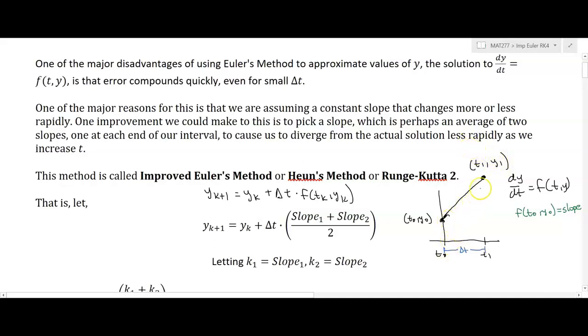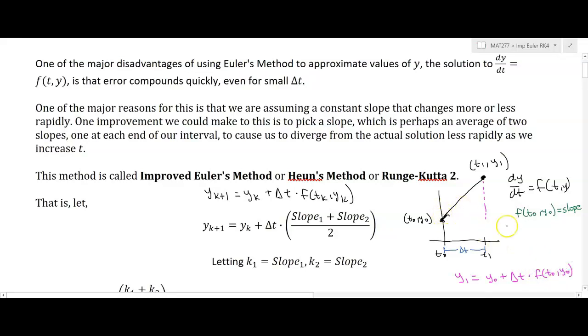This vertical change here is calculated by taking the change in time. To get y1, we take y naught and add to it the change in time multiplied by how much we expect the change to be, so multiplied by this slope.